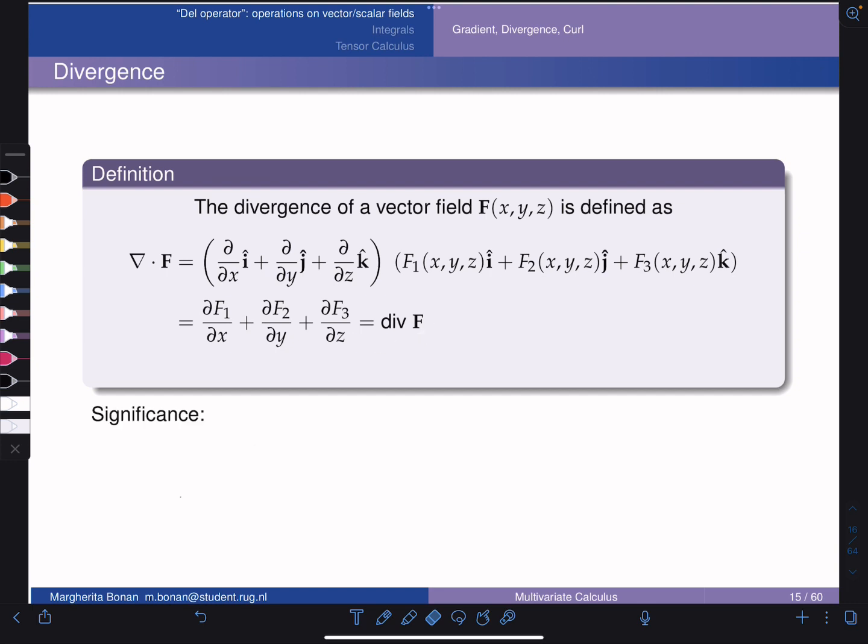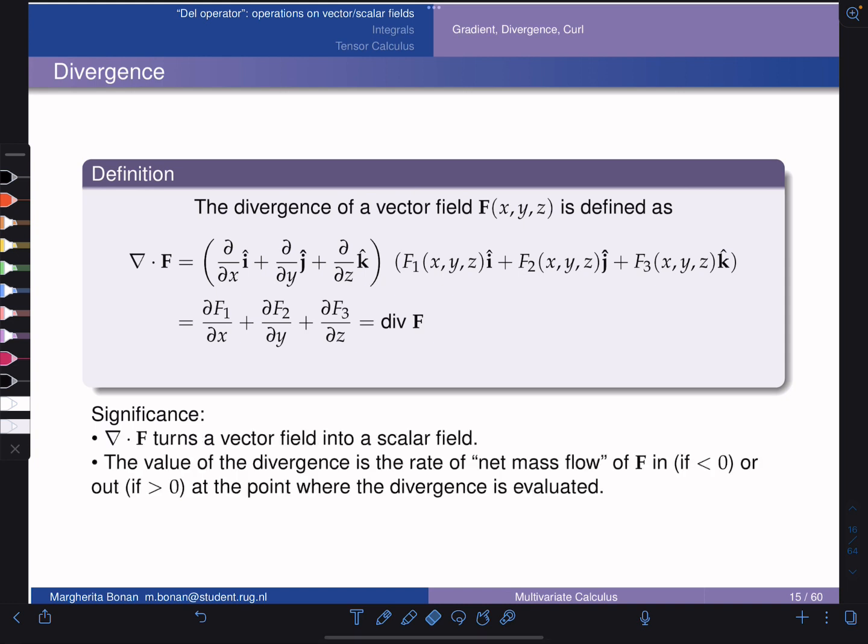The significance of the divergence is that this operation turns a vector field into a scalar field, and that the value of the divergence is the rate of the net mass flow of the function in or out at the point where the divergence is evaluated.